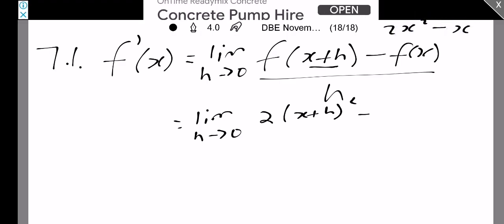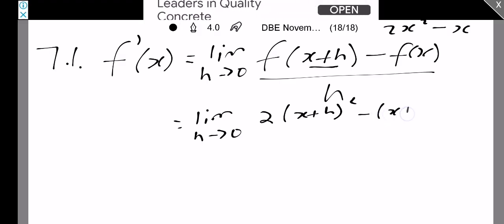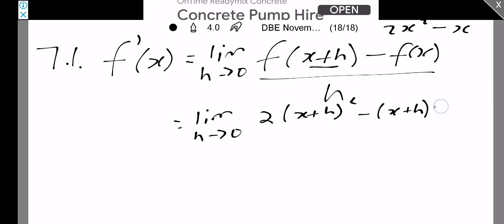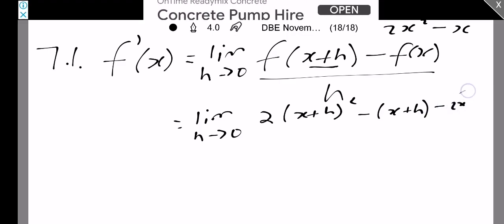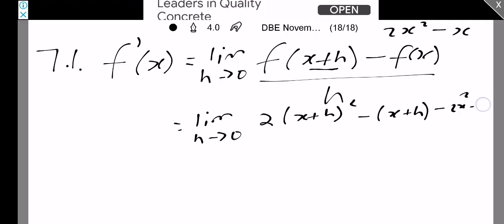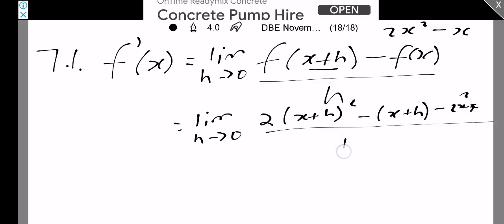We are not yet done with the x plus h, minus x plus h, then minus f of x, which is 2x squared minus x, all over h.